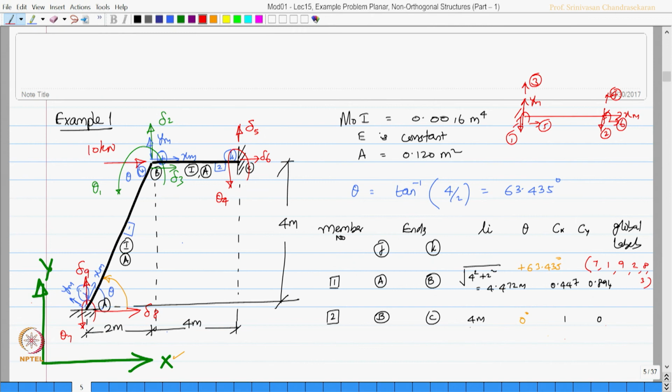Similarly, let us do it for the second member. So, you can do it easily now. 1, 4, okay, 2, 5 and 3, 6, correct? It is done.